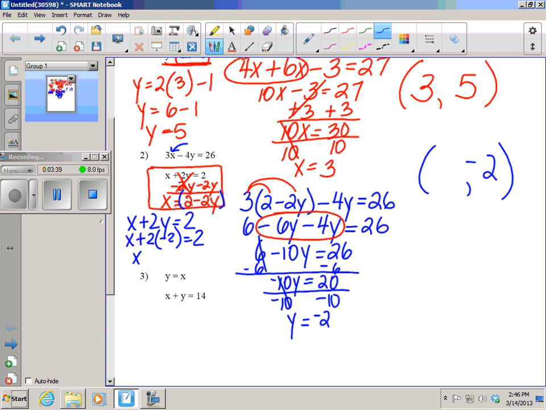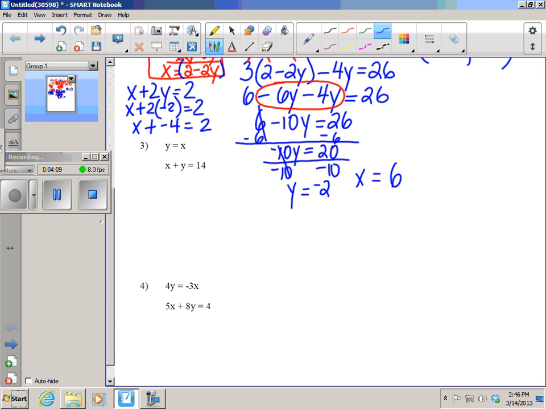And I need to know what value for x will work so that something plus a negative 4 will give me a positive 2. And that value for x is going to be positive 6. So our ordered pair is (6, negative 2). That's where these two linear equations, the original equations of the example, cross.